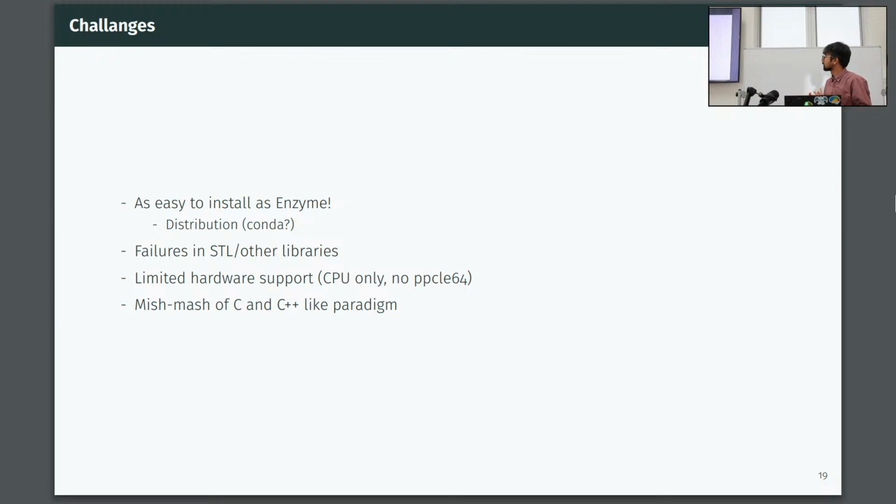Certain things were a bit surprising. For example, Enzyme sometimes fails in standard template libraries, especially if it has a lot of templated code. For example, the cylindrical Bessel functions that I used: if I give it in a single file and ask, this is a standard Bessel function, can you differentiate it? Enzyme works fine with it. But when I add it in my own library, there is some cascading type analysis failure where it just refuses.